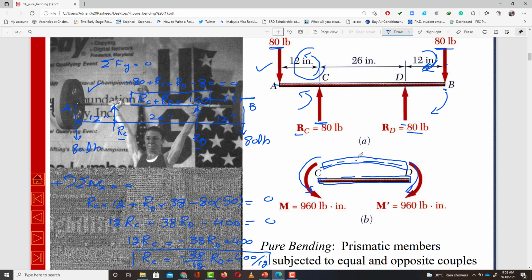The upper surface will be in tension and the concave surface will be in compression. Why?